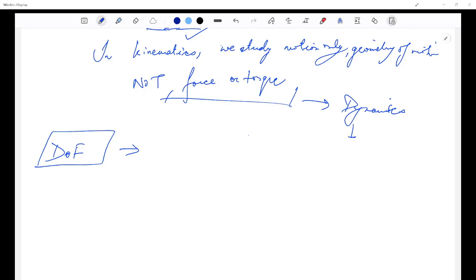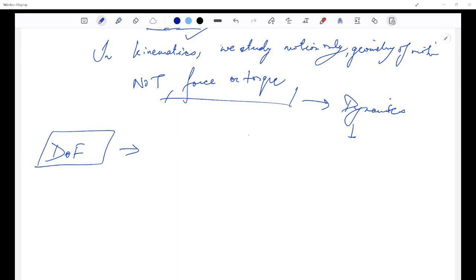But I want to know the definition. It's about how many motions are allowed. For a planar one, you can have at max three motions. For 3D spatial, you will have six motions. Exactly. Some of them will be constrained because of how you define the joints, revolute or prismatic.